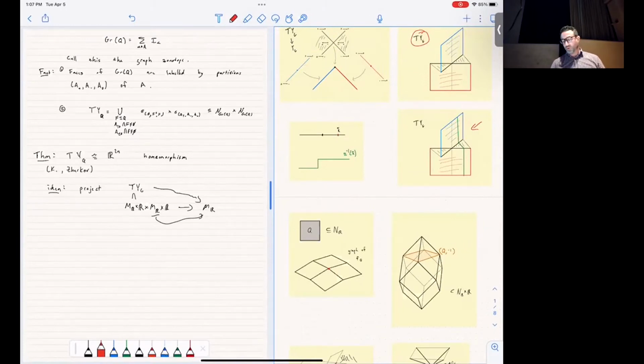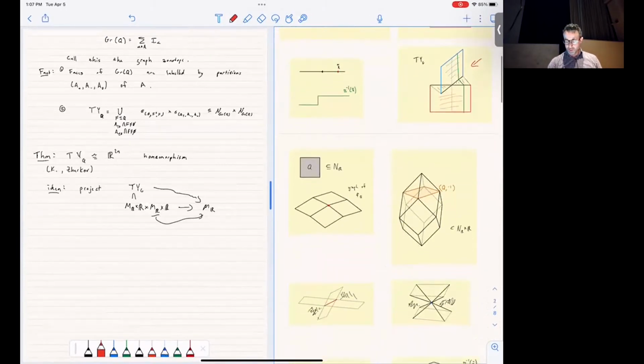Nonetheless, you can take the normal fan of this graph zonotope, and you'll get certain regions. For example, here you can see that you can take away the top maximal cone and the bottom maximal cone. What you're left with is this filled out region, and that's giving you the supporting tangent space of this corner point.